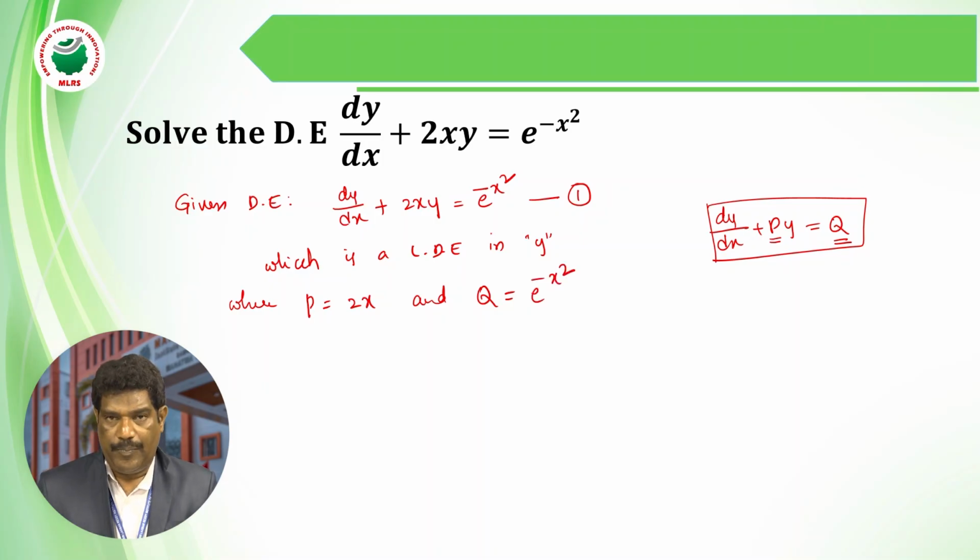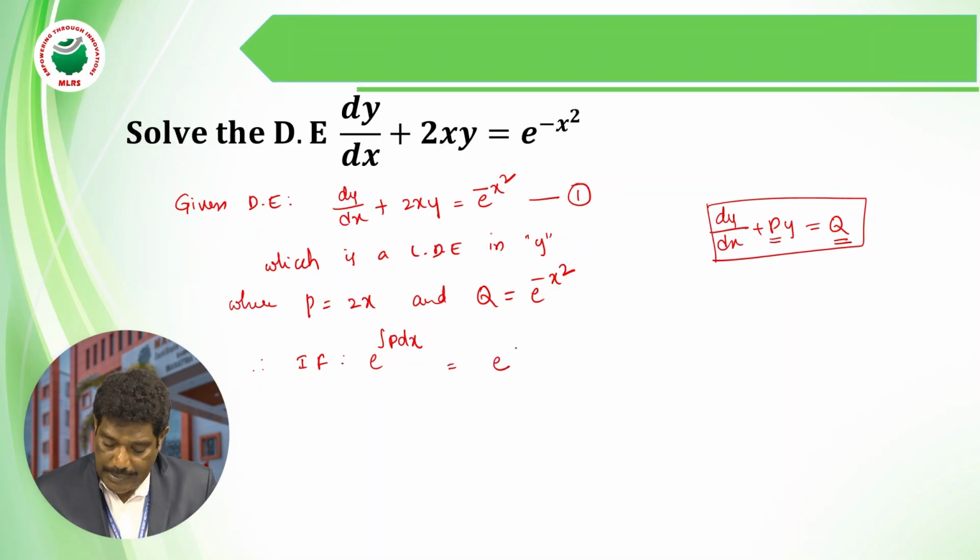After identifying the p and the q, the next step is to find the integrating factor. That is e power of integration of p dx.